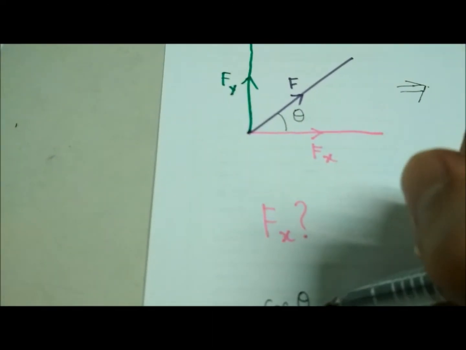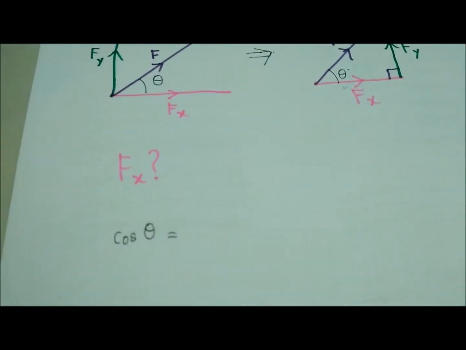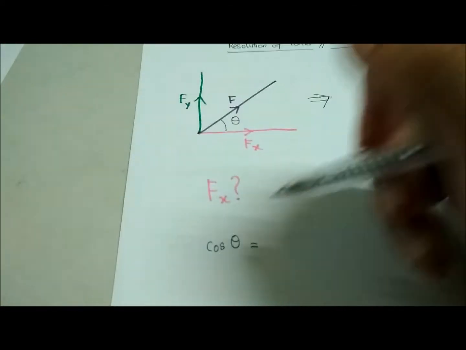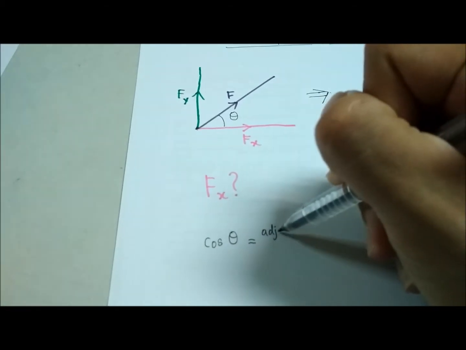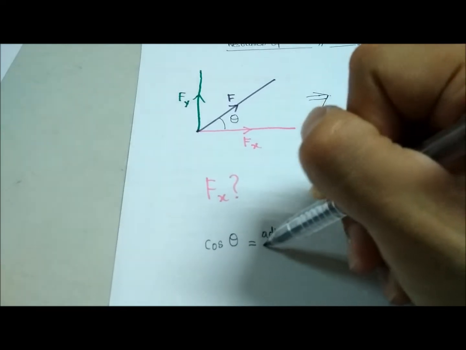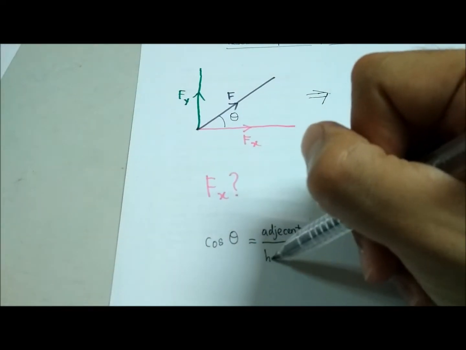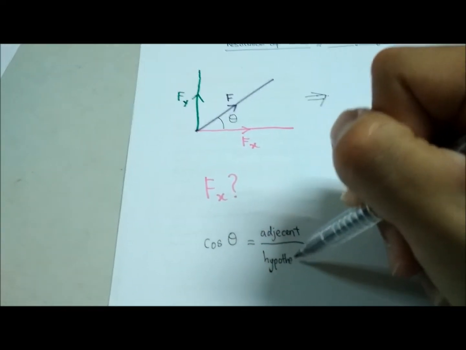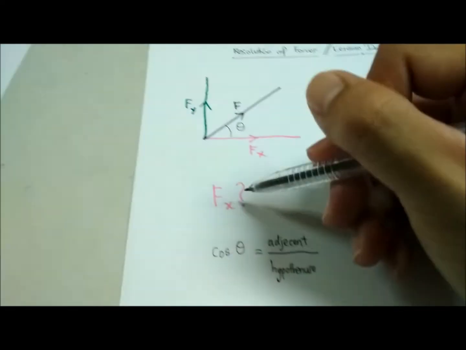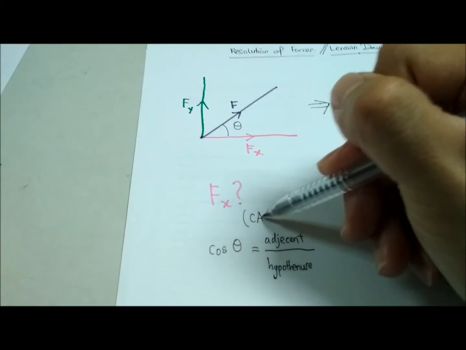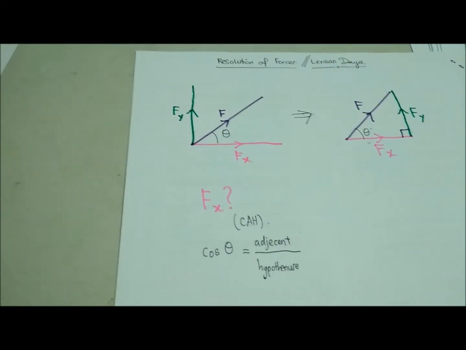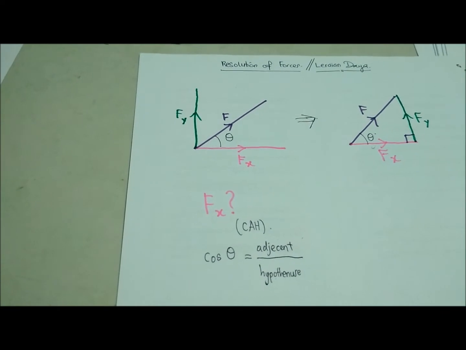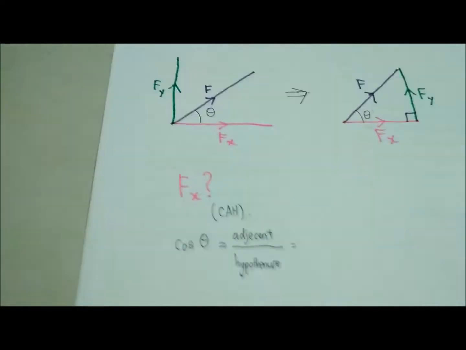Cos theta is equivalent to adjacent over hypotenuse. CAH, that's the way you guys remember, right? In this case, what is the adjacent?